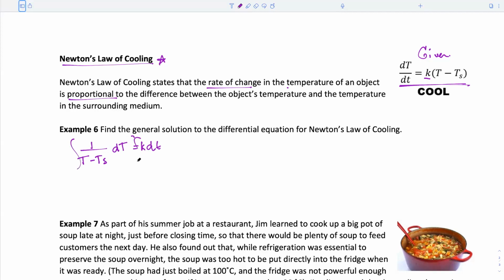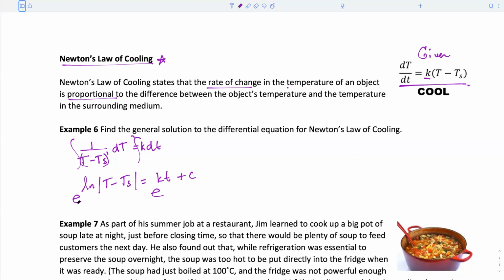All right, once we've separated, we can integrate, and we know that 1 over a linear quantity is going to be ln of T minus Ts equals kt plus C. Now this looks very familiar, right? It's basically the same as exponential, because we raise both sides to e.